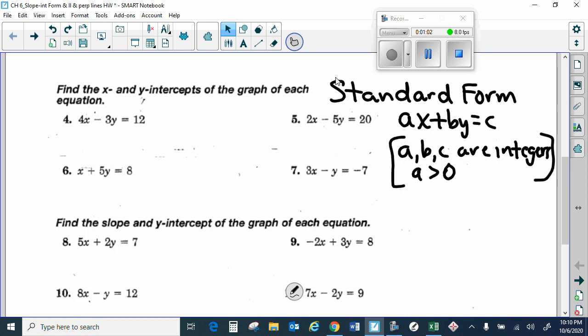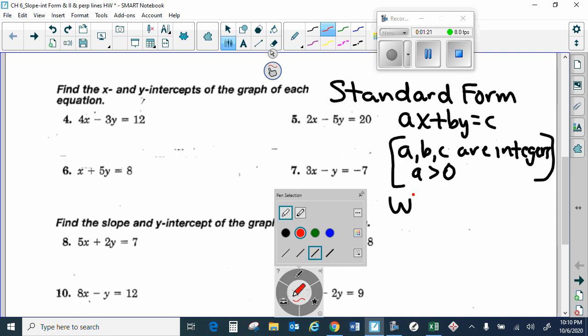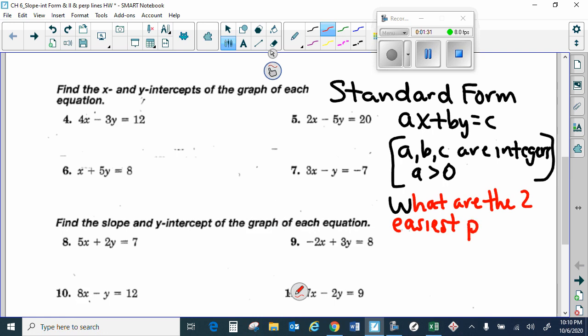So the next question is what is, or why didn't that change? Okay, let's see if the, oh, there's the pen one right there. Okay, what are the two easiest points to plot in standard form?